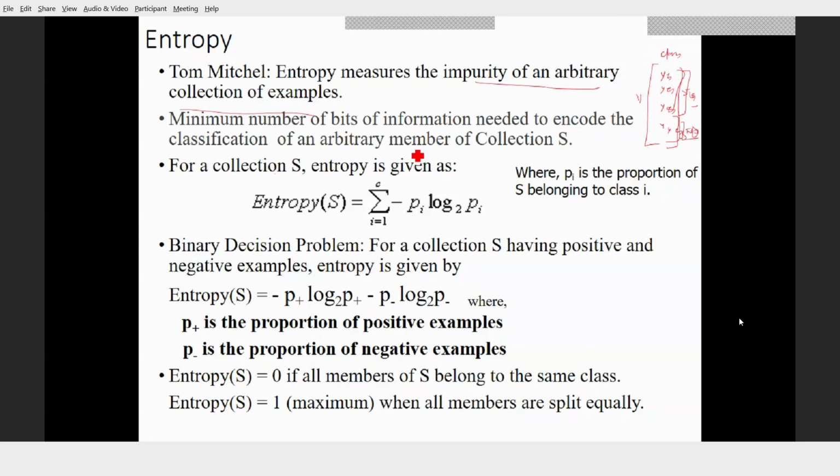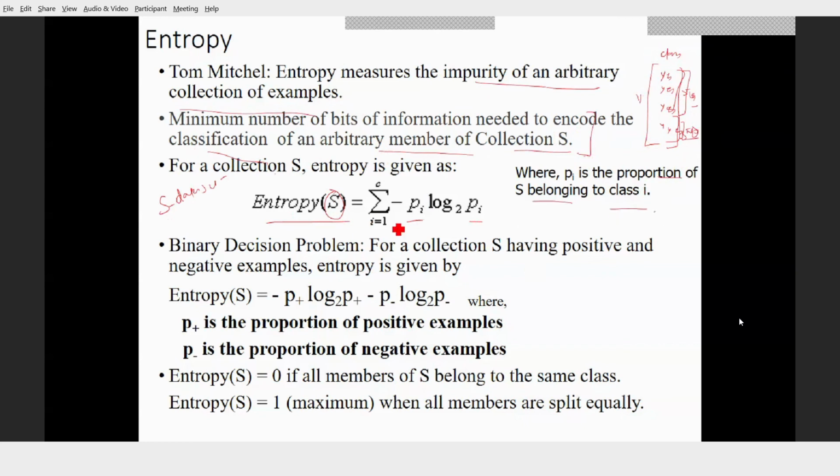So as we said, entropy is the minimum number of bits of information needed to encode the classification of an arbitrary member of collection S. This is how we are going to use it. How do we measure entropy? We measure the entropy of the data set, where S is used for the data set, and Pi is the proportion of S belonging to class i.